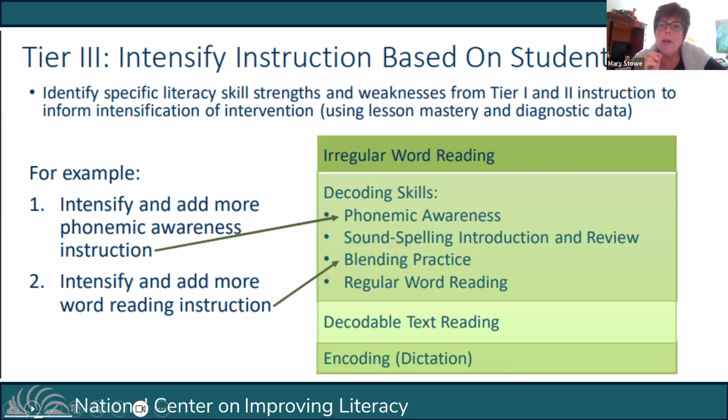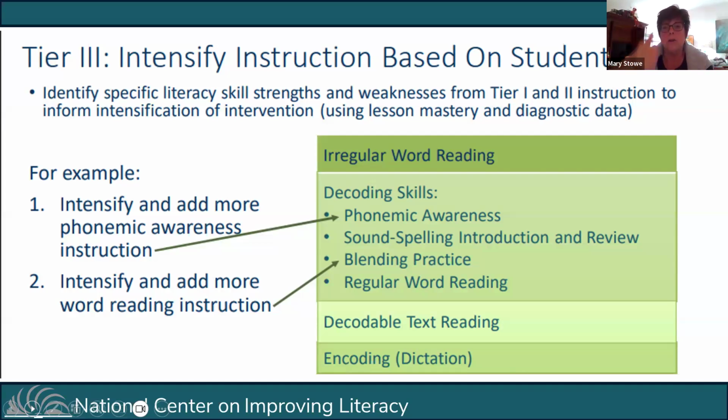But at Tier 3, we're really going to intensify instruction even further to work on skills within that format that need more intensification. In this instance, we're going to intensify and add more phonemic awareness instruction. And we're also going to intensify and add more word reading instruction, particularly in regard to the blending practice.